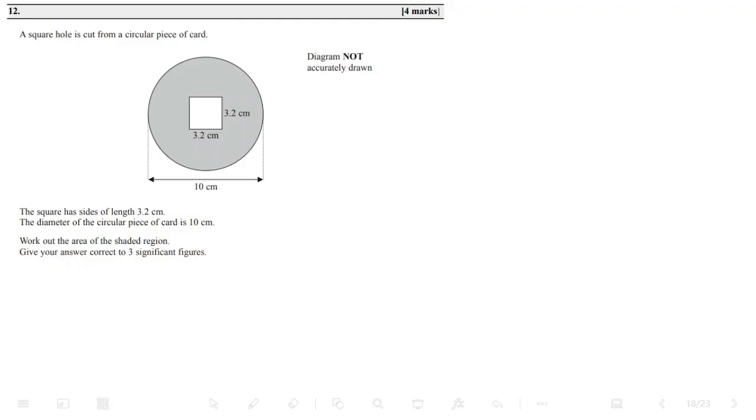First of all, they wanted the area of the shaded region. So for this shaded area, the answer is circle minus square, right?